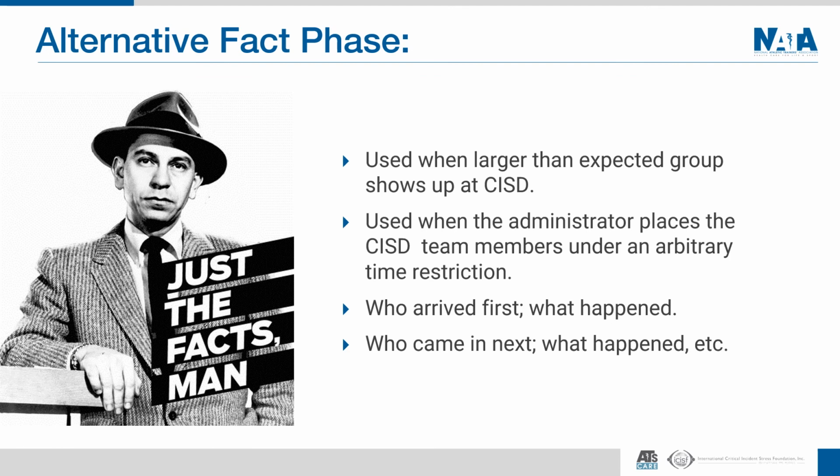So questions like who arrived first, what happened, then who came in next, what happened then, can be used to expedite and organize the collection of facts, knowing that in this phase with a large group, you may not be able to get everybody to speak, or with the time restriction, there's just not time to get everybody to speak at this particular point.